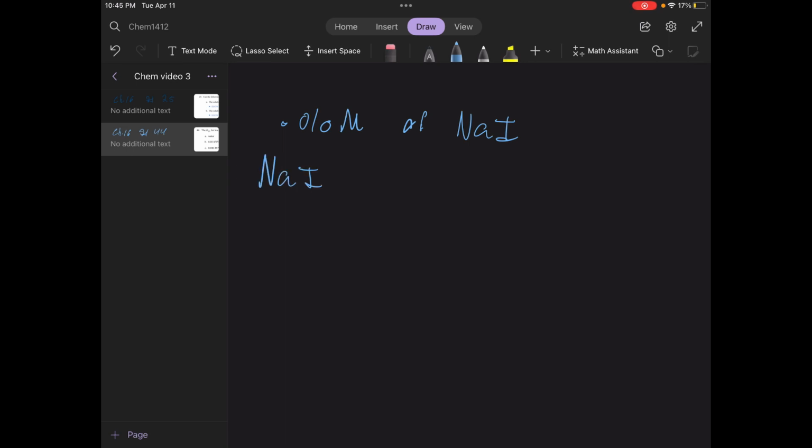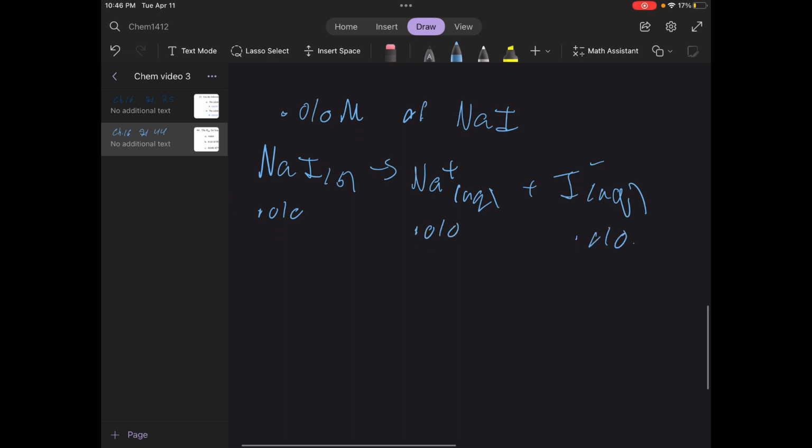NaI solid goes to Na+ aqueous plus I minus aqueous. So here it's going to be 0.010. It's a 1-to-1 ratio, so our concentration is going to be 0.010 M and 0.010 M.